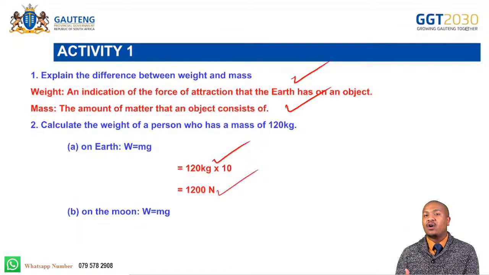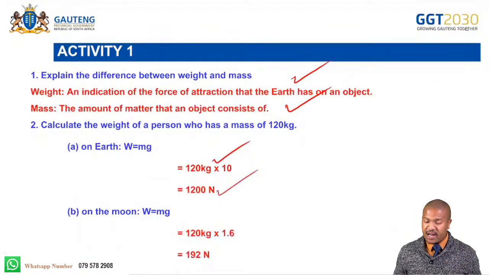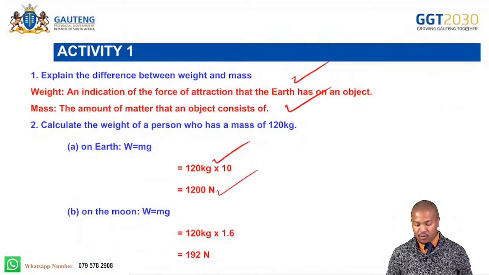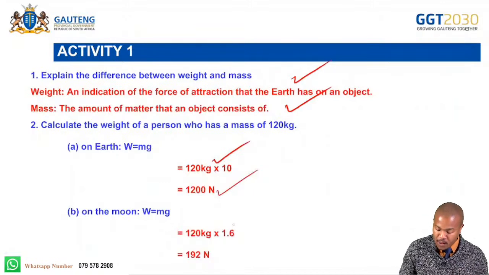That is the weight of this person on Earth. So for the same person on B, but the person is on the moon now, it is 120 kilograms multiplied by 1,6 of gravitational pull to give us 192 newtons of force on the moon.